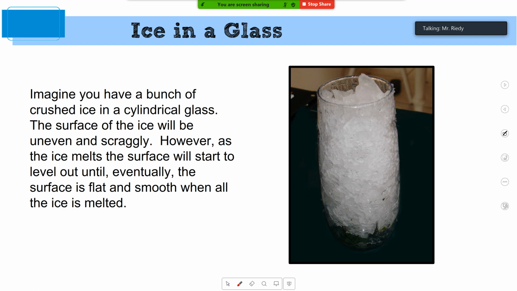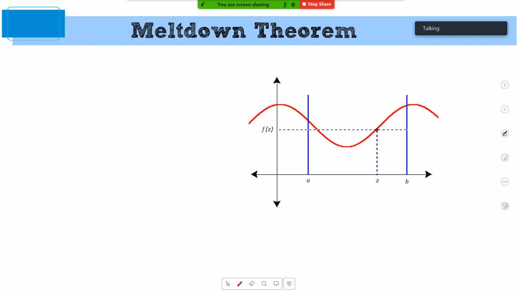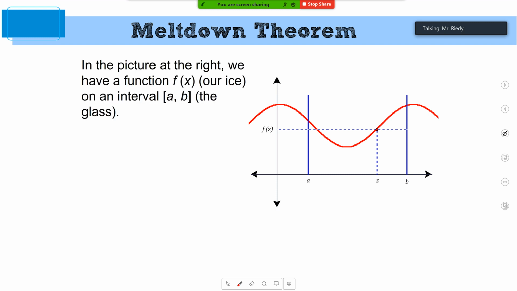So we take this concept and we apply it to an integral problem, and hopefully this will help you understand what's going on. Okay, so I've got some function. It doesn't matter what the function is, it's just f of x. That's the red thing. Then I created my limits of integration, a and b. You can think of those limits of integration as the sides of the glass.